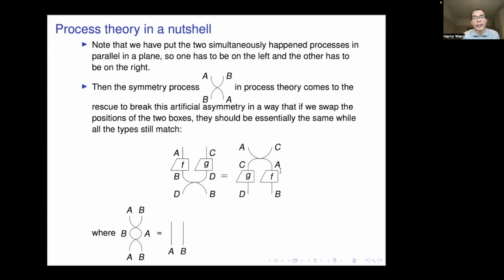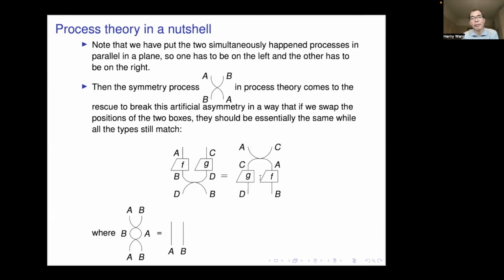In this case, the type doesn't match. When we say the types match, the order should be the same. So we use a swap. When F is on the left and G on the right, then the input types are A and C.